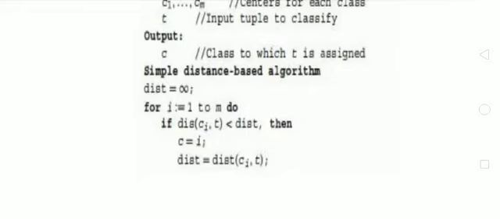If the distance is less, then we can say the tuple is very closely related to the class or belongs to the class, otherwise it does not belong to the class. If the distance of an item is near the center of the class, then we can say it is very closely related to the class.